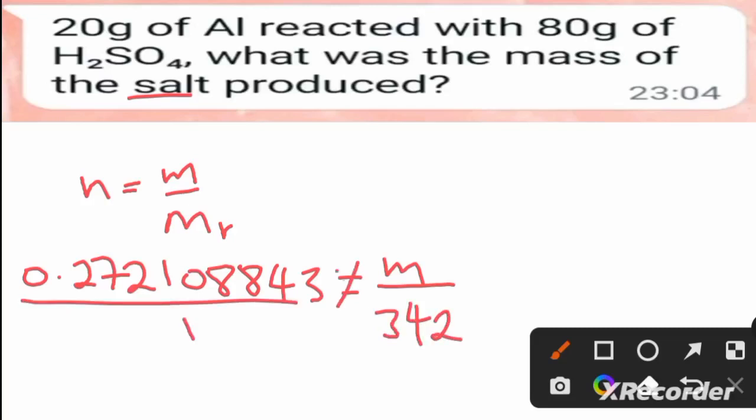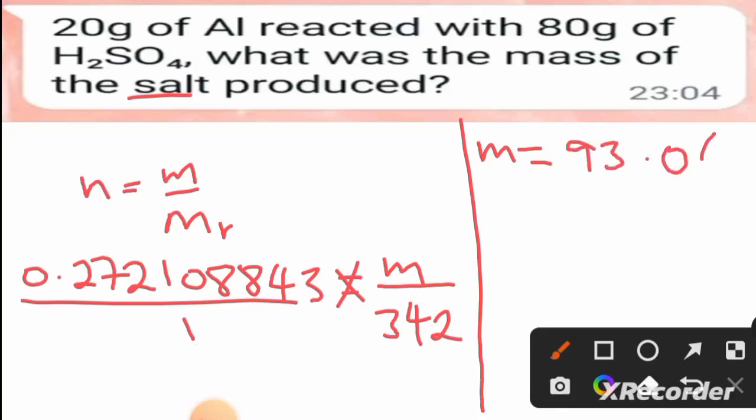We do a cross multiplication. So the mass is equal to 0.027210883 times 342. We are going to get 93.06 grams.